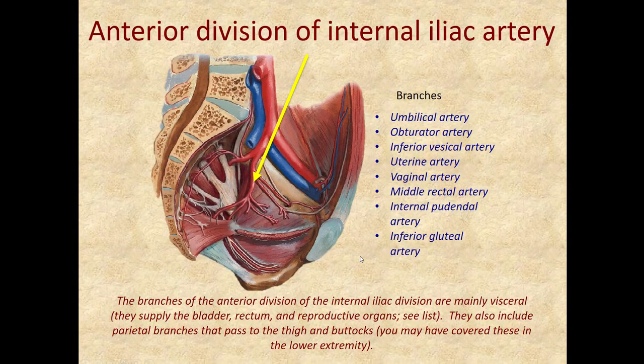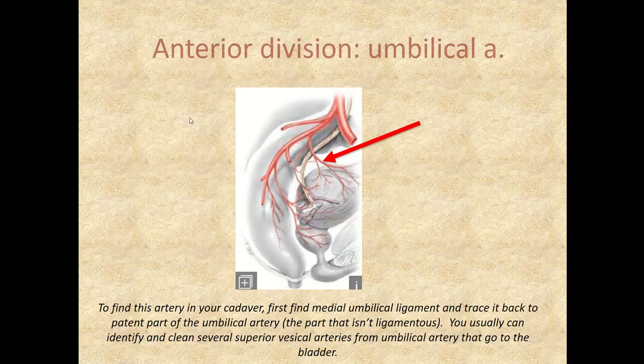The important thing to remember is that they're named after the organ that they go to. So even if the branching pattern is not the same as what it has in the dissector, it's still going to be called that artery if it's going to that organ.